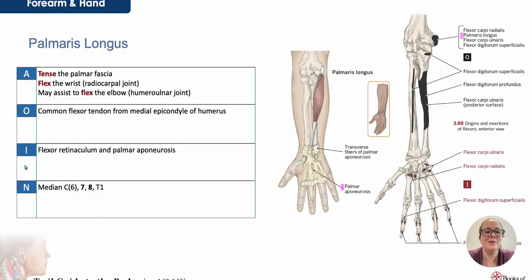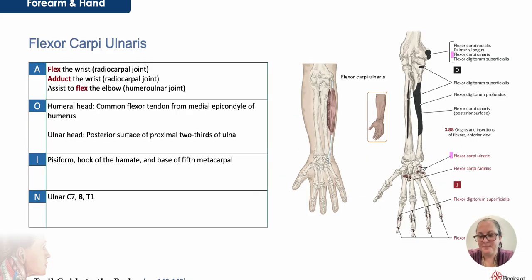Runs down, inserts onto the retinaculum, which is connective tissue of your palm. So that's cool. So palmaris longus, know that it does something. It tenses up your palmar fascia, so the palm of your hand. We're getting through. There's a couple more and then break.